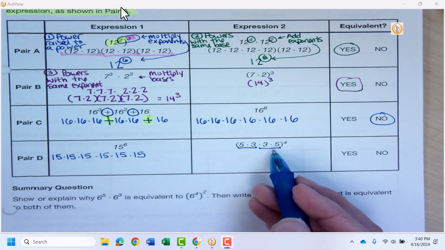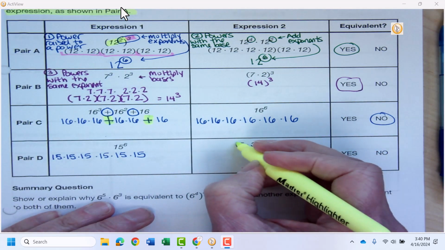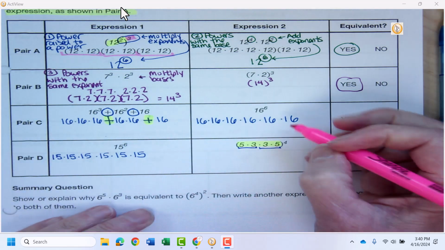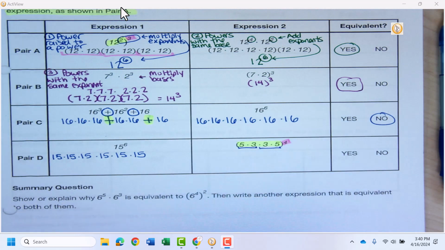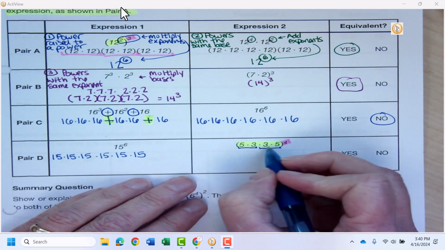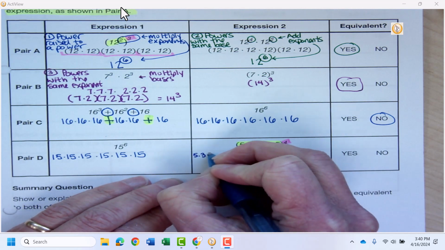Let's see how many I actually have if I raise this to the 4th power, which means I'm going to just write all of that out 4 times. This is where it's going to get a little bit lengthy, but stay with me. So let's start with the first time. We have 5 times 3 times 3 times 5.